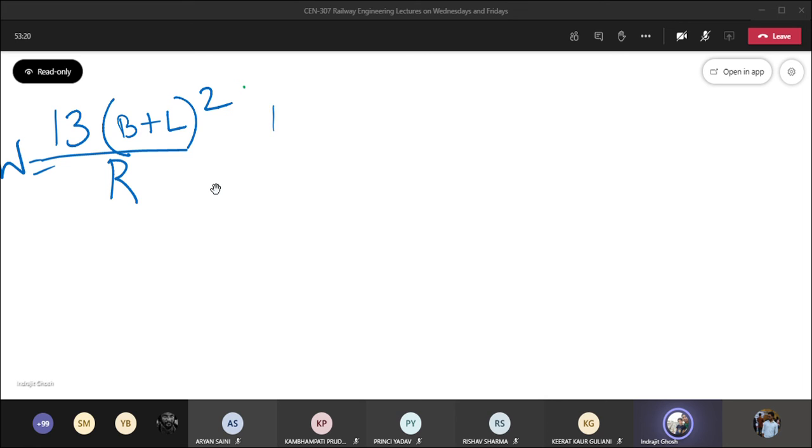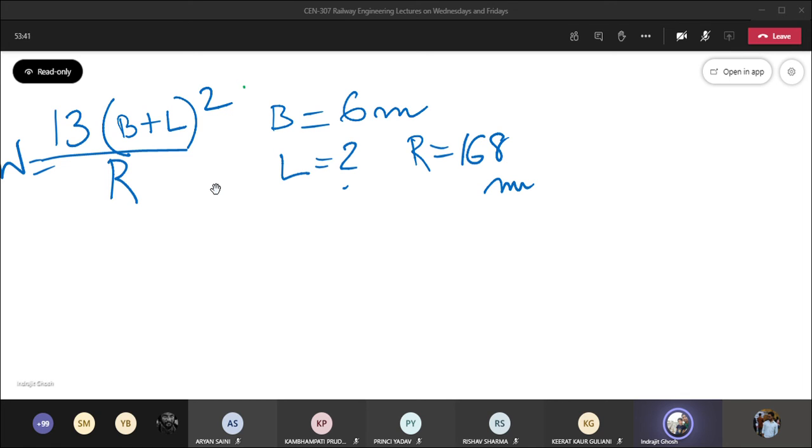B, we have as 6 meter. Okay, L, we don't have. R, what is the value of R? 160. Sorry, this is meter.